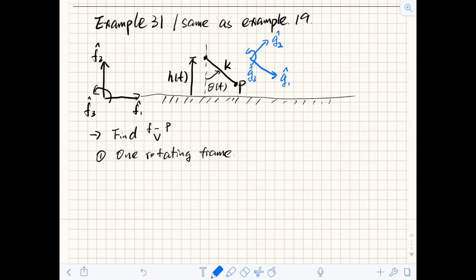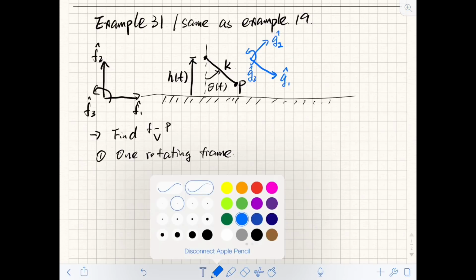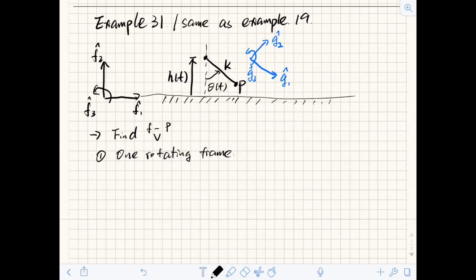Notice that G1 is aligned with the position of the bar. The G frame is rotating relative to the F frame with the angle theta. We know the angular velocity of the reference frame G in F is theta dot F3, or theta dot G3.